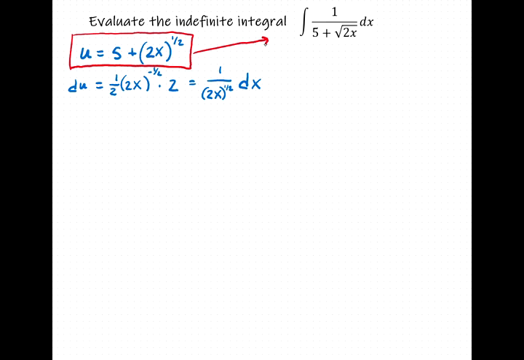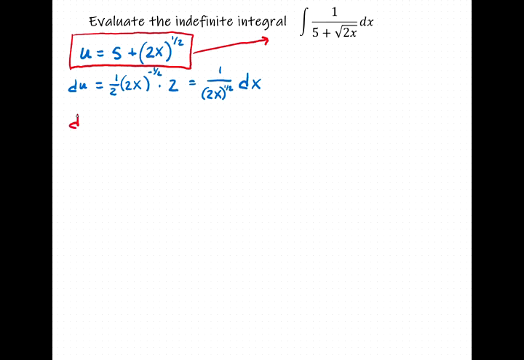But the problem is the expression for du contains this 1 over 2x to the 1/2, and that doesn't exist in the integrand. Remember, with u substitution, all the x's have to be converted to u's, and the dx has to be converted to a du. So let's see if we could work with this before giving up.